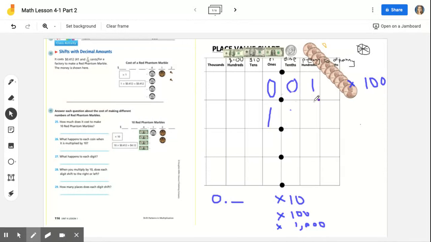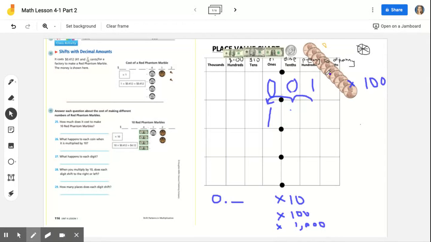And let's talk about the shifting pattern for this one. The 1 went from the hundredths place over 1, 2 to the ones place. How many place values did that 1 move if we multiply it by 100? 2 place values. Yep. And that holds true to that rule. When we multiply something by 100, the digits shift to the left 2 place values.